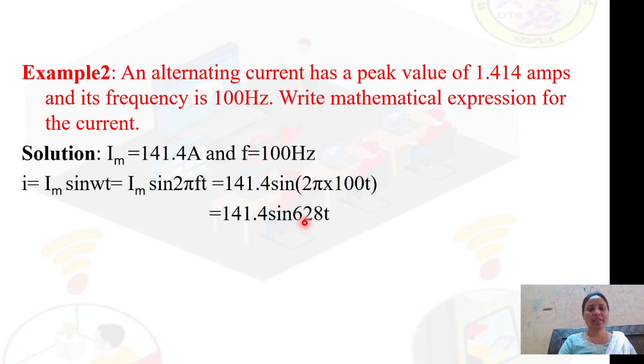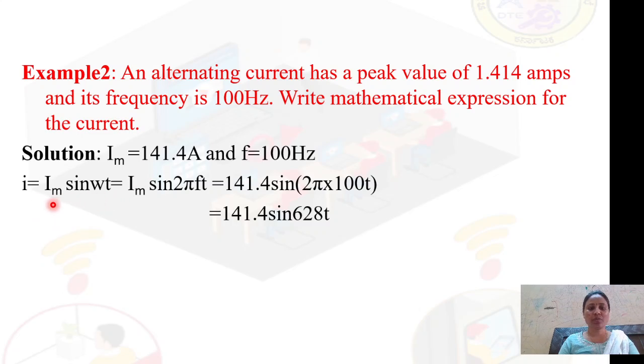Second example: the alternating current has a peak value of 1.414 amps and its frequency is 100 Hertz. Write the mathematical expression for the current. So we have to write the expression for the instantaneous value of the current I. We know that I is equal to Im sin omega t.